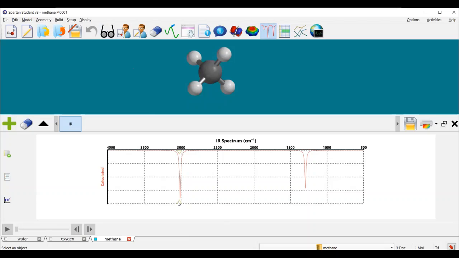So one way methane can vibrate is for all of these bonds to get longer and shorter. Well, when that happens, that doesn't actually change the molecule's polarity. So that's one way to vibrate, but not really absorbed by the IR.